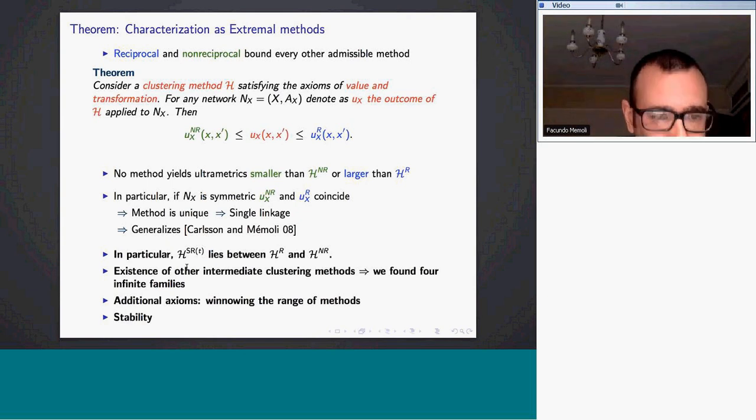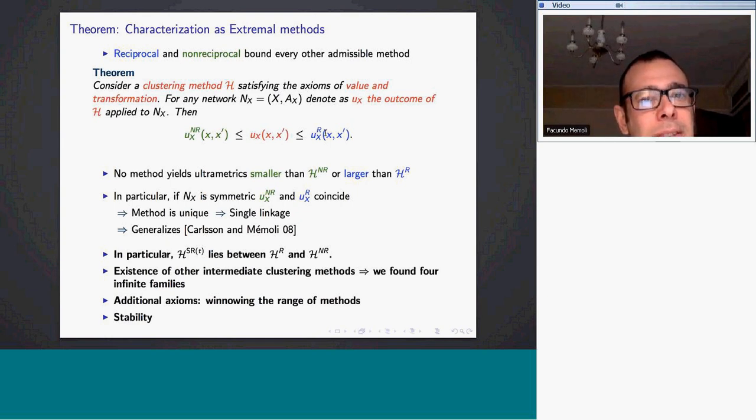One more thing I wanted to say is that we have other families of methods that live between non-reciprocal and reciprocal methods. So far, we have enumerated 4 infinite families of methods that live between reciprocal and non-reciprocal.